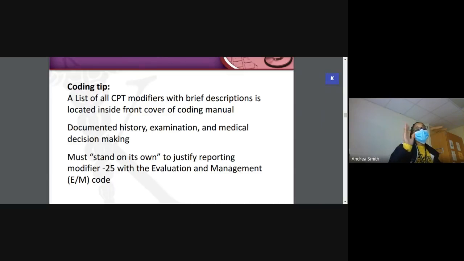So instead of trying to bill for 2 exams, you bill for 1, but you let the insurance company know that, hey, he came in with blood pressure, I had to give him some blood pressure pills, and he came in with a real bad infection on his foot. So I had to treat both. You give them the 25 modifier that lets them know, okay, he did have to do both. But whatever those conditions are, they have to be able to stand on their own.